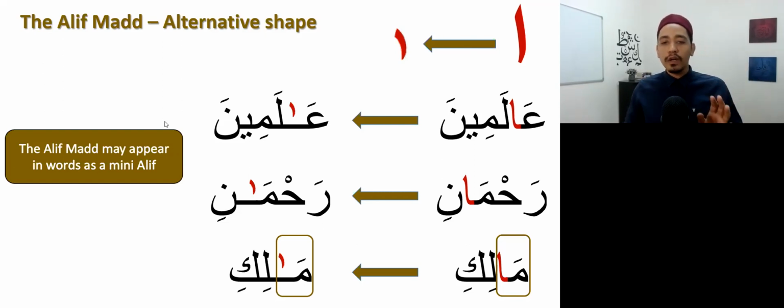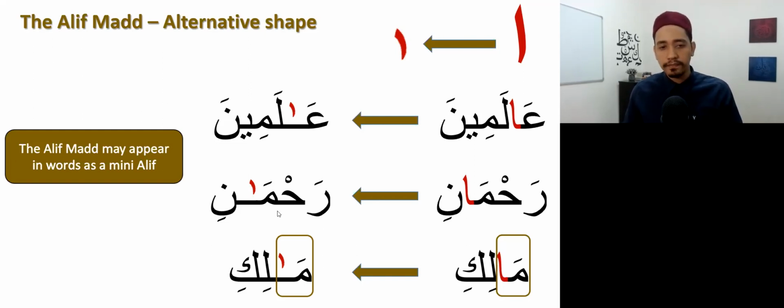Now, it's not saying that it's always going to appear as this mini alif. It's not a complete replacement. It just depends sometimes, and we can't really determine the reason behind each time why they use it. Sometimes it has various reasons, but at the end of the day, its application is quite simple. You just have to get used to seeing that mark.